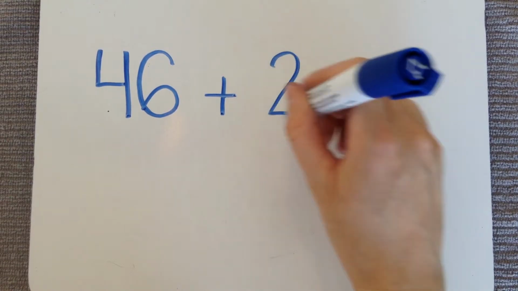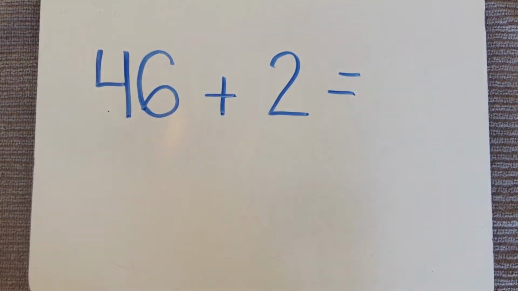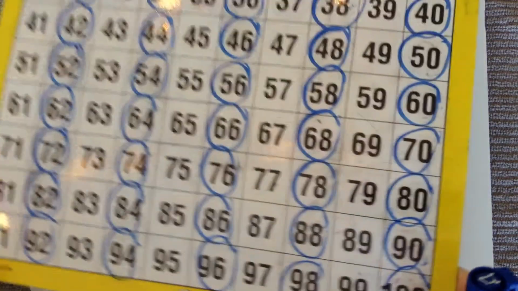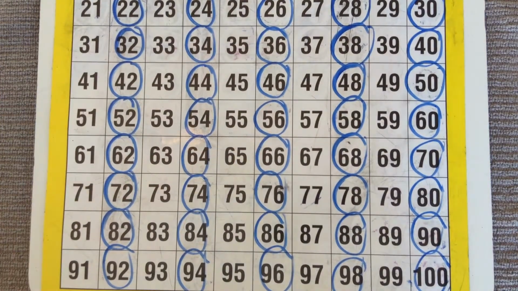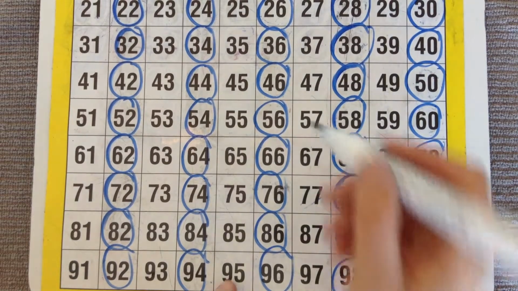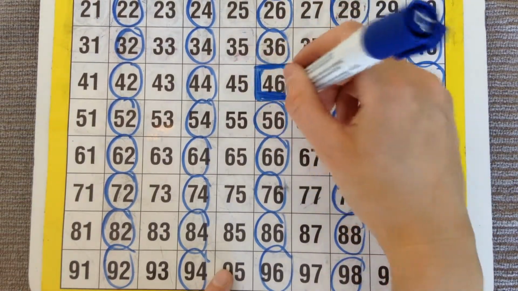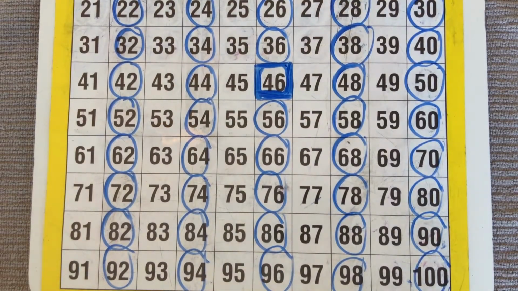plus 2. When you take a look at this question, you can think, oh, I could use skip counting by twos to help me. All I have to do is think about what comes after 46 in my counting by twos pattern. 46, where are you? There's 46.